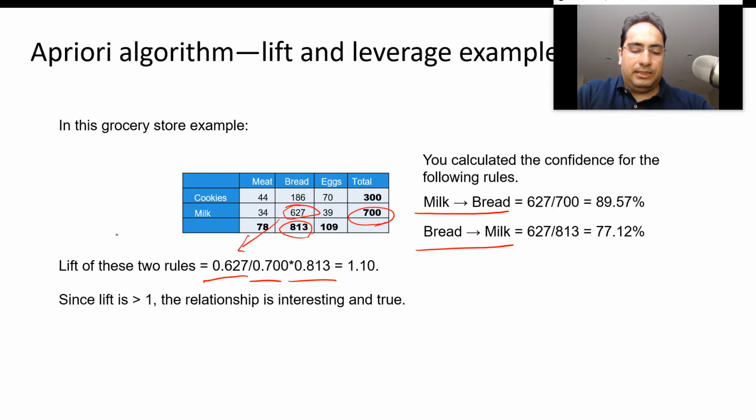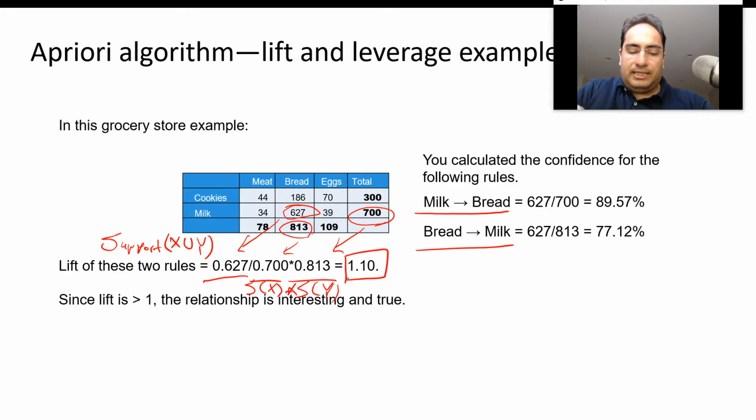This is the support of x and y, or basically support of milk and bread. And this is the individual support of them, support of x and support of y, which we multiply to get the lift.